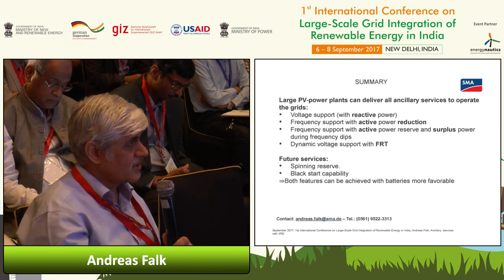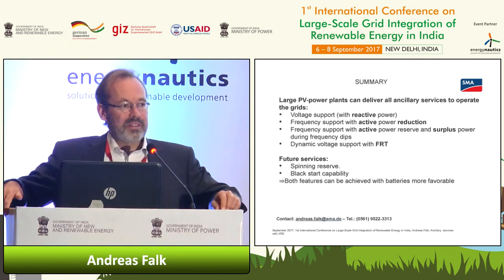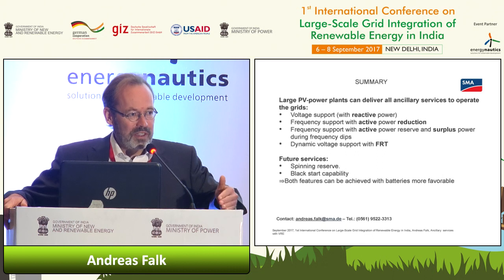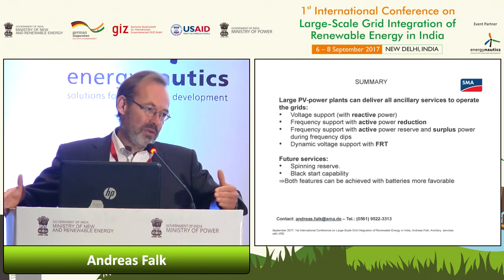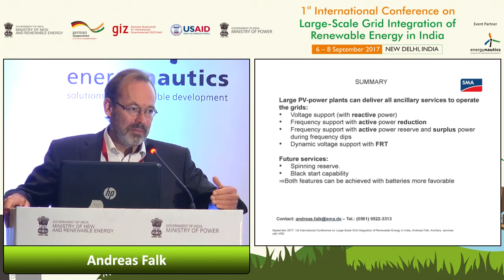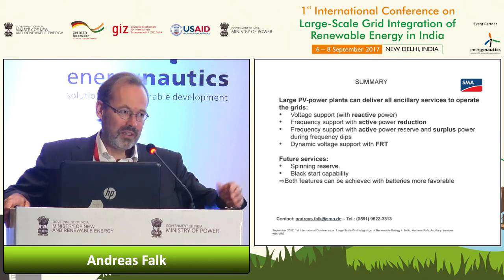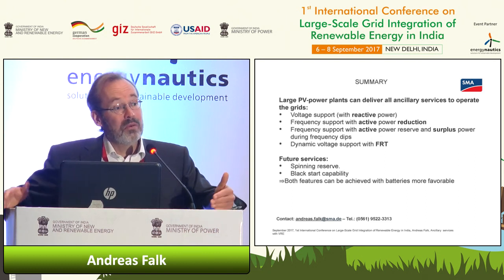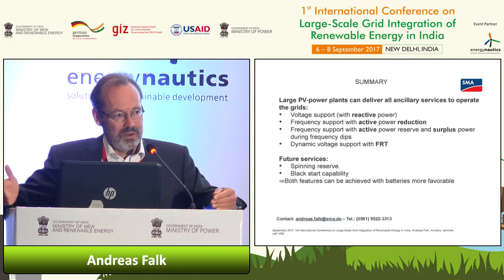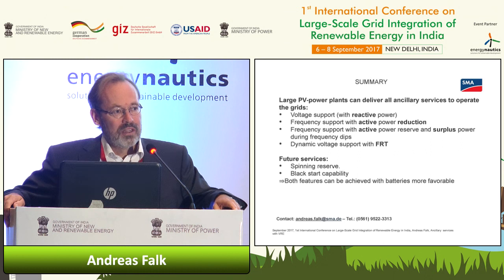Yes, I said, but of course, for a single plant, you have some uncertainty, because for example, when a frequency dip occurs, in the moment a cloud occurs, then it's a pity. But when you have a lot of plants operating in such a manner, of course, you're right, then the renewables can provide active power reserve.